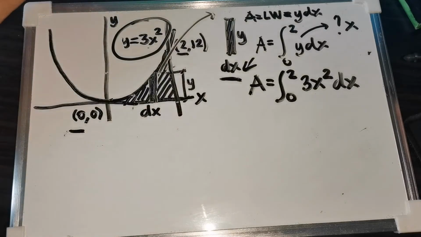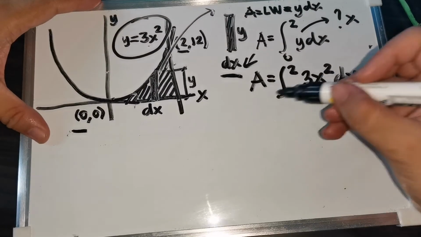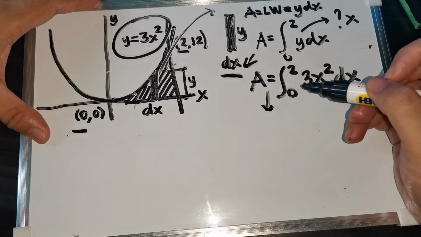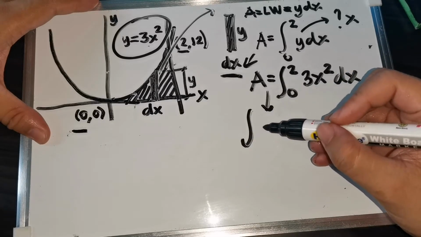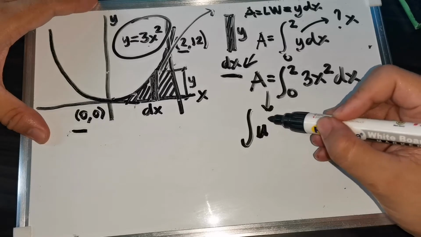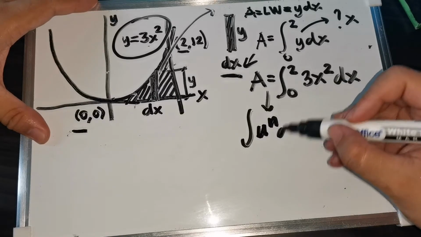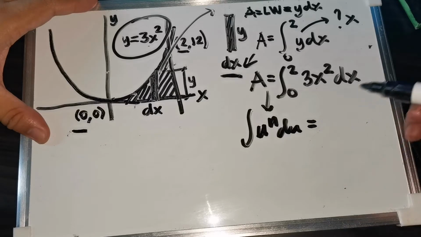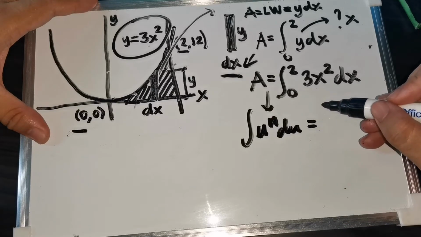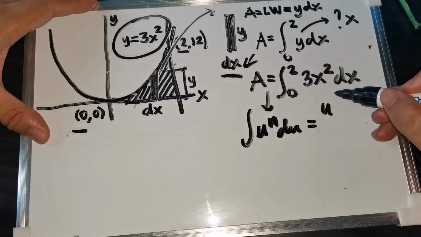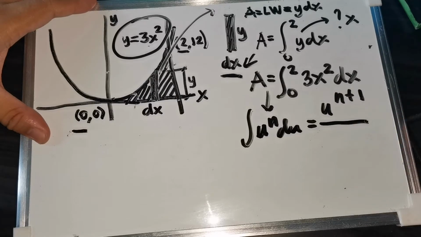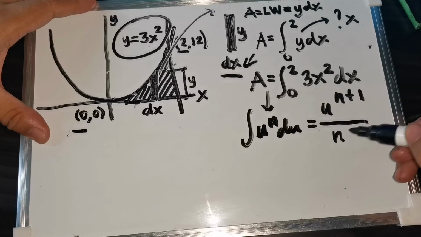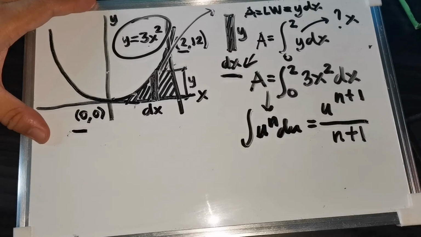So how can we get the integral of this one? Following the pattern, we use the power formula: the integral of u to the n du is equal to u to the n plus 1 all over n plus 1.